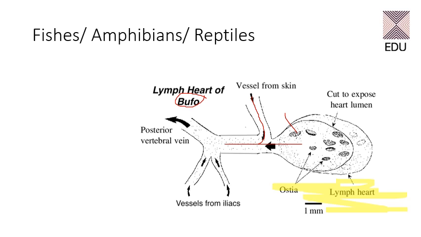The blood is coming from the vessel, from the skin. It is mixing with the blood from the lymph heart, and it is being propelled into the posterior vertebral vein, and these are the iliacs, or the vessels from the iliacs, which are taking the blood also into this particular vertebral vein.